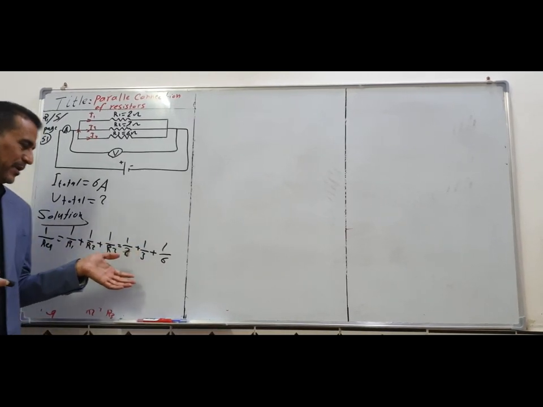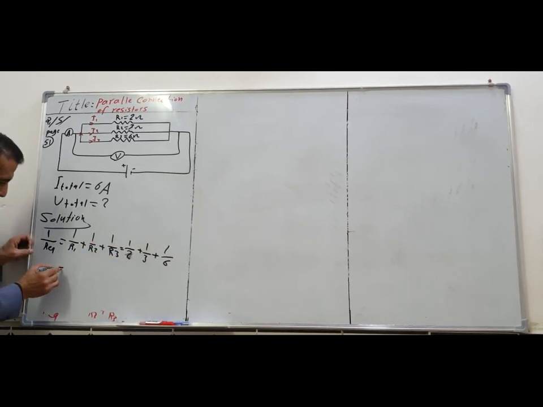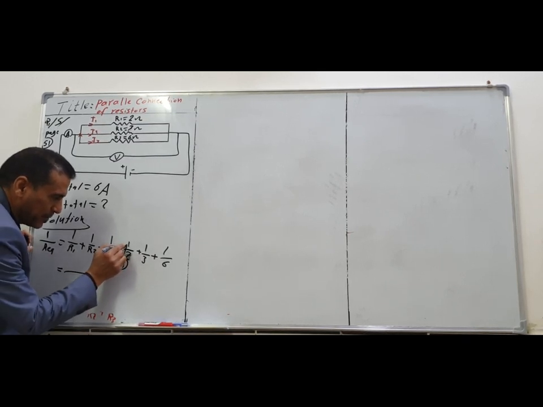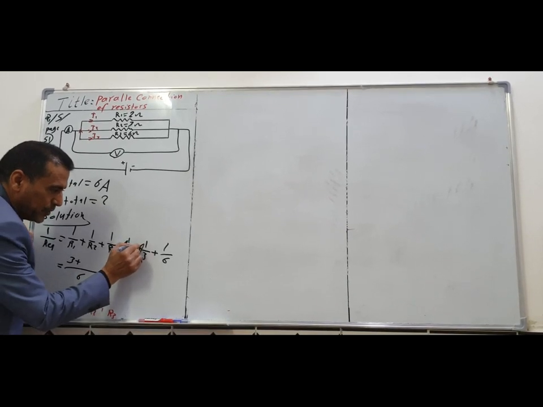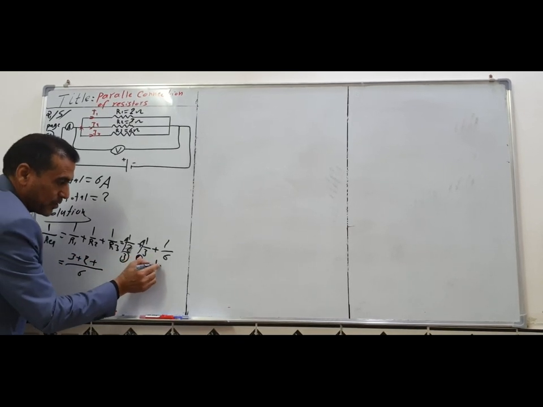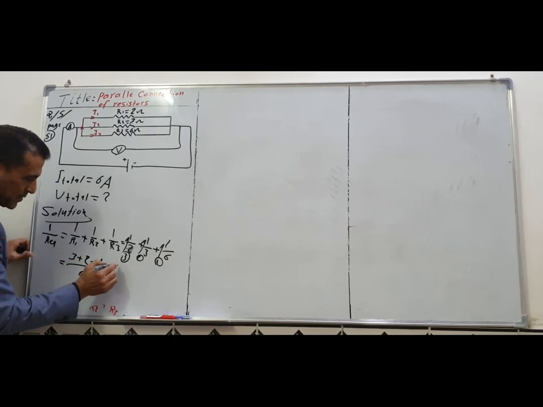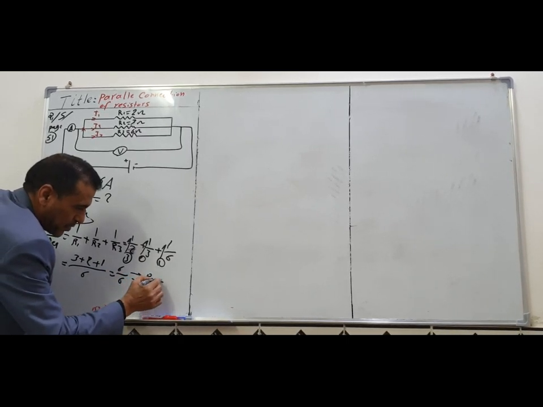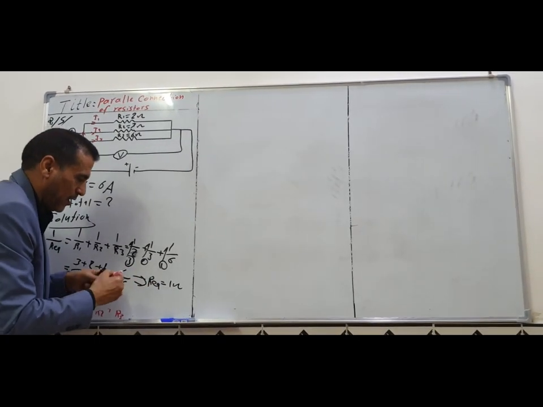Taking the common multiple, equal 6: 6 divided by 2 equal 3, 3 times 1 is 3, plus 6 divided by 3 equal 2, 2 times 1 is 2, plus 6 divided by 6 equal 1, 1 times 1 equal 1. So 6 divided by 6, R equivalent equals 1 ohm. This is the amount of the R equivalent.